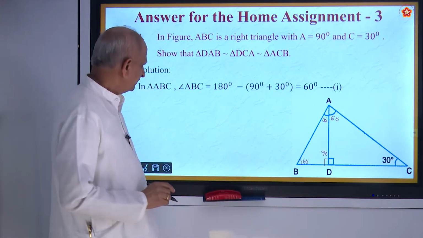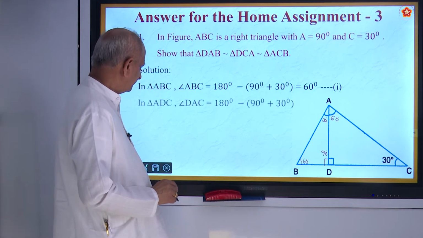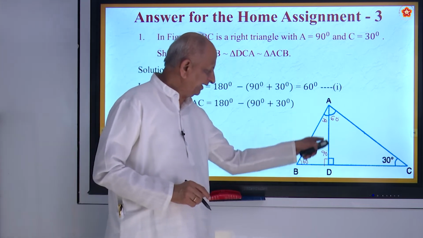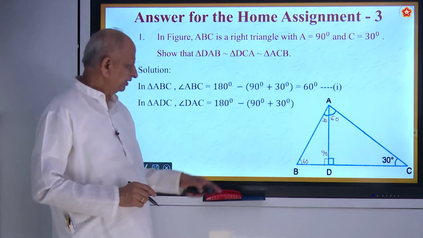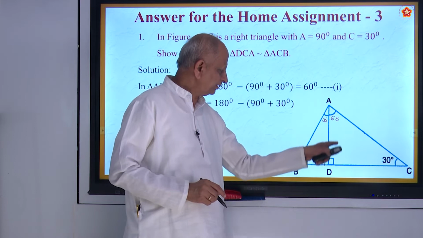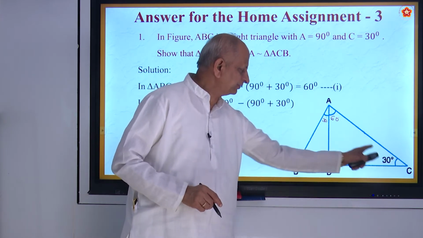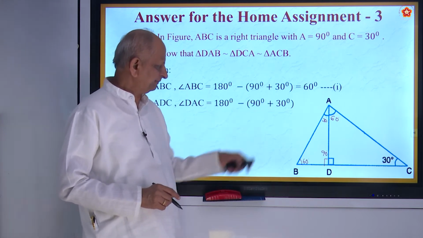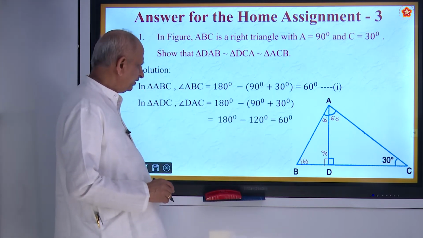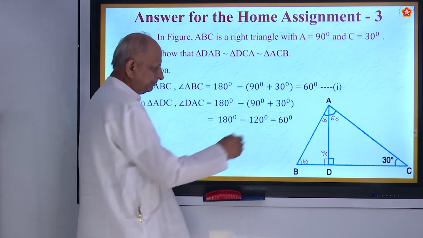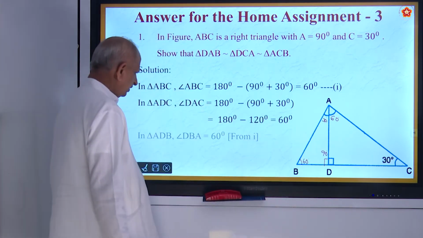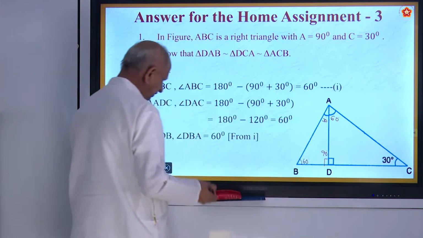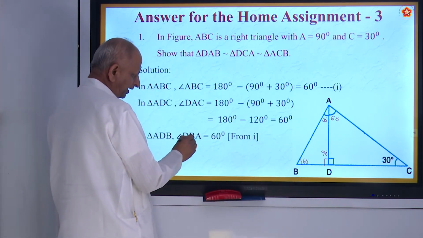That is in triangle ABC. Coming to triangle ADC, you are given 90 here, 30 here. So the third angle becomes 60: 180 minus (90 plus 30), so 180 minus 120 equals 60 degrees. And lastly, in triangle ADB, the small triangle, you have angle DBA equal to 60 degrees.